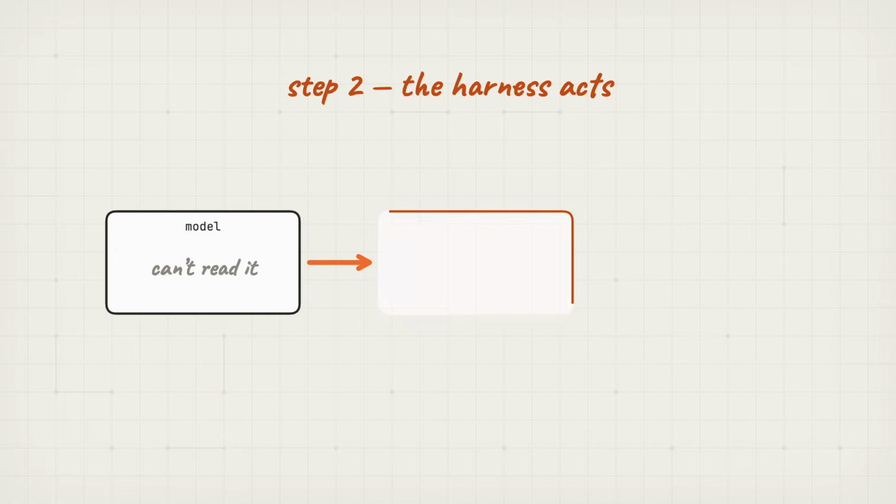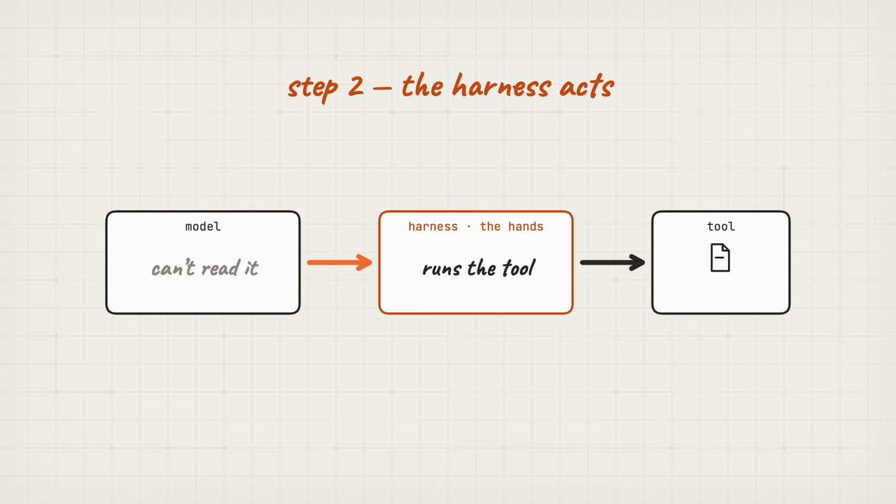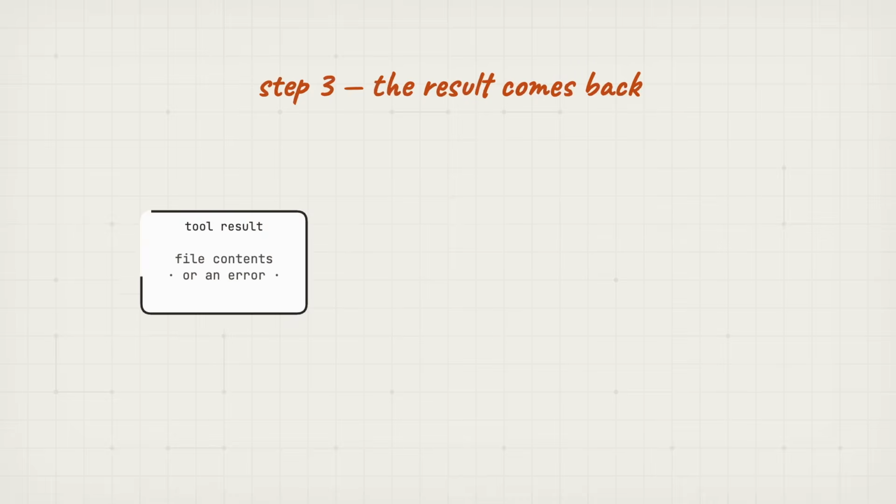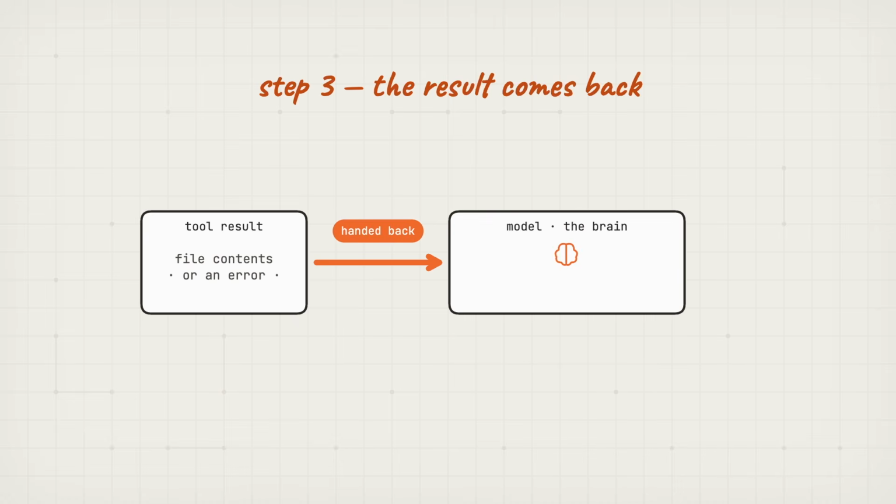So, in the second step, the harness does it for the model. The harness runs the tool and reads the file. Then, in the third step, the result comes back. Maybe it is the content of the file, maybe it is an error message, whatever it happens to be. And this result is handed back to the model so that the model can see what actually happened.